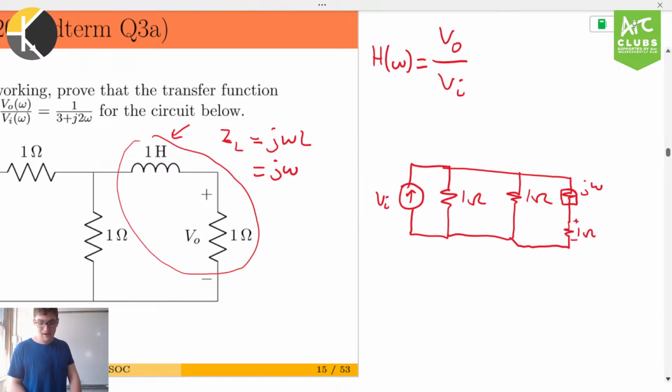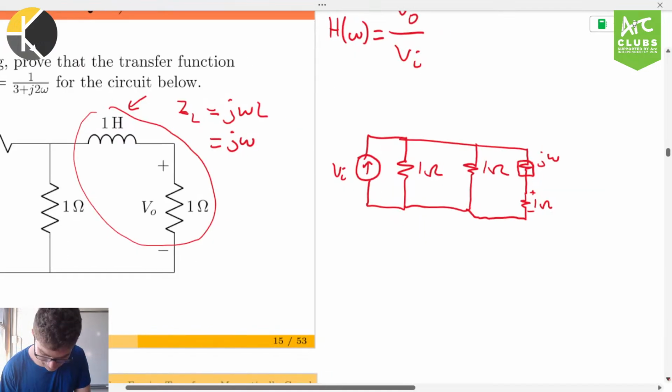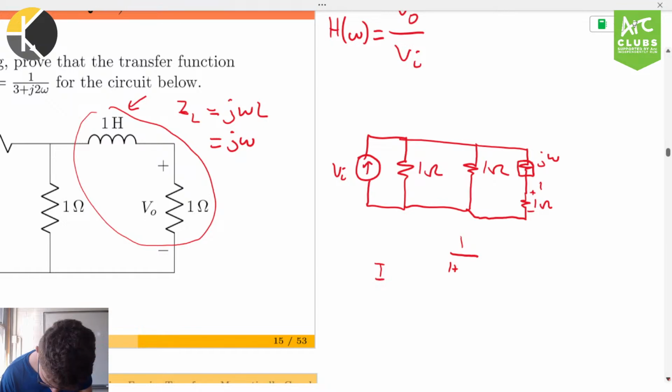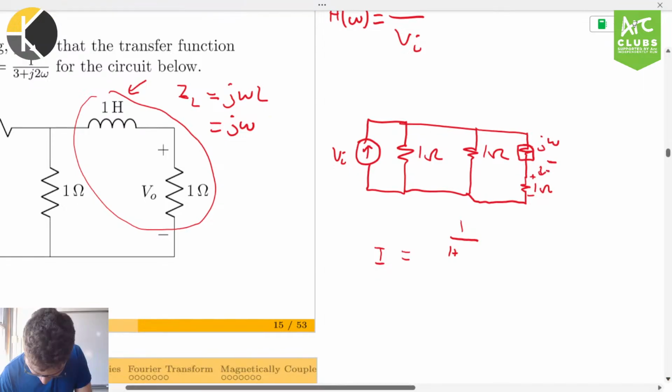Okay, current divider. So what we're going to do is find the current running through here. Current, we're going to call this I or something. We'll say I equals 1 on 1 plus J omega, and then 1 on 1 plus 1 on 1 plus J omega.